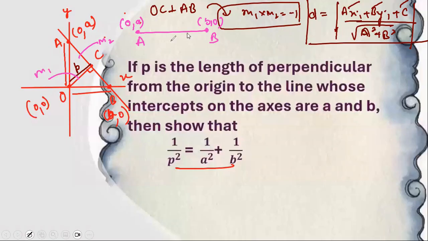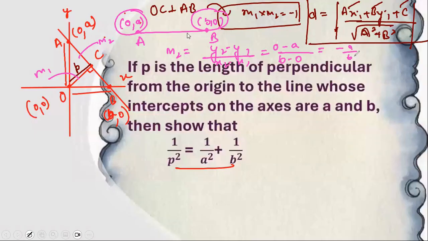So we can easily find the slope of AB, which is m2. m2 is equal to, we have the direct formula, y2 minus y1 over x2 minus x1. x1, y1 I have taken as this one, x2, y2 I have taken as this one. So y2 is 0 minus y1, which is a, and x2 minus x1, so b minus 0. So it's minus a by b.